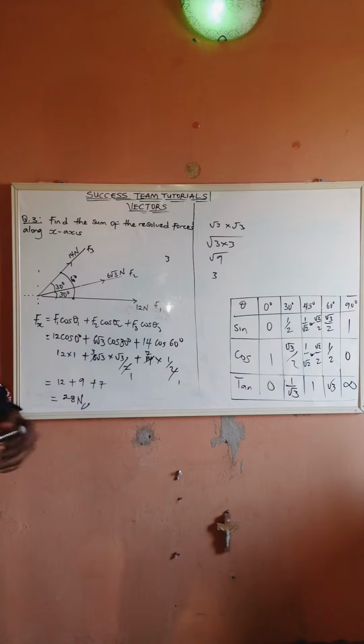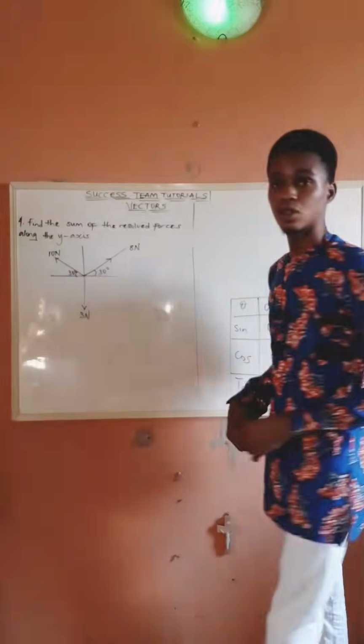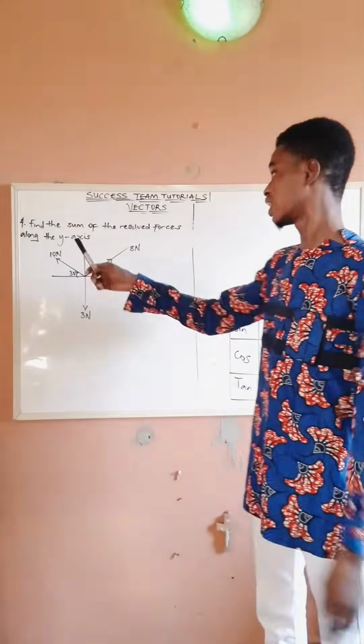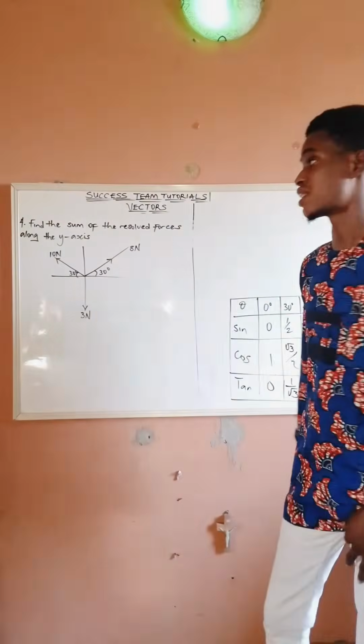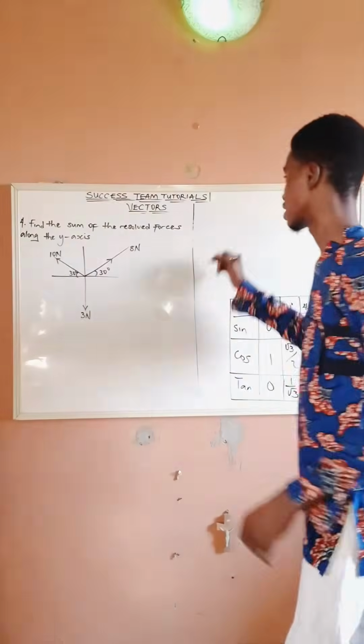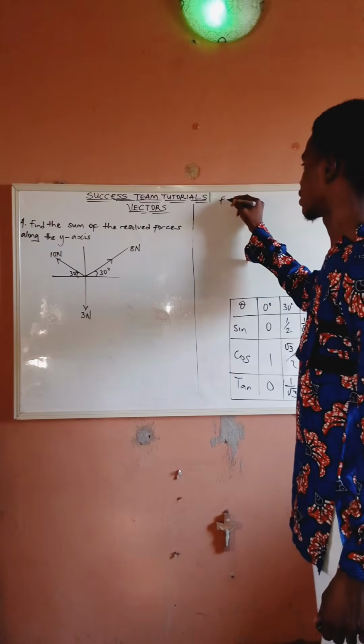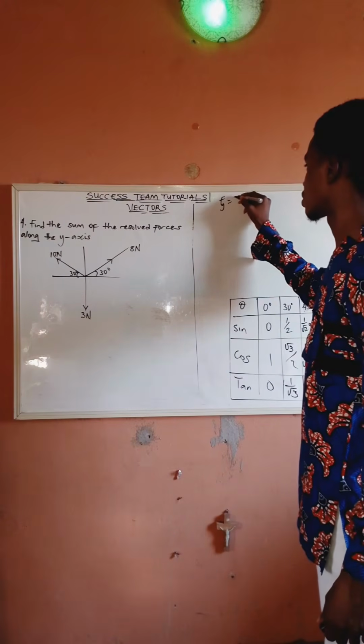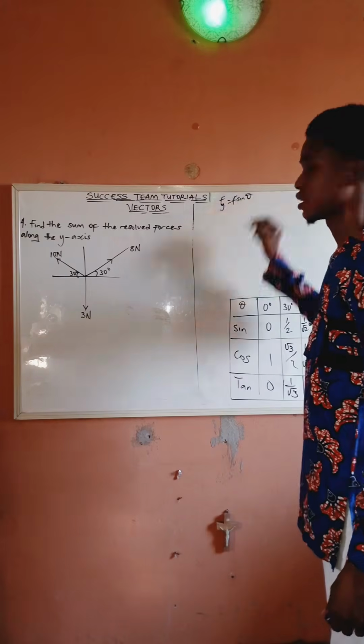Now let's move to the next question. In the next question, they ask us to find the sum of the resolved forces along the y-axis. For the y-axis, Fy is equal to F sin theta. I gave you the formula, I derived it for you actually.